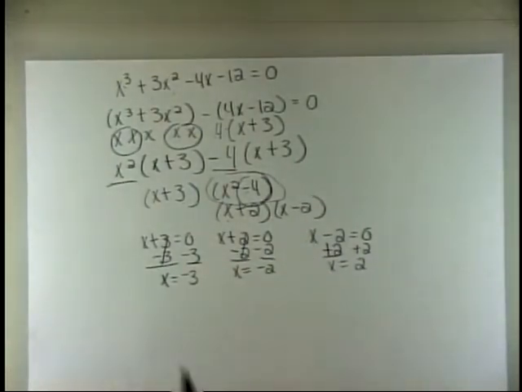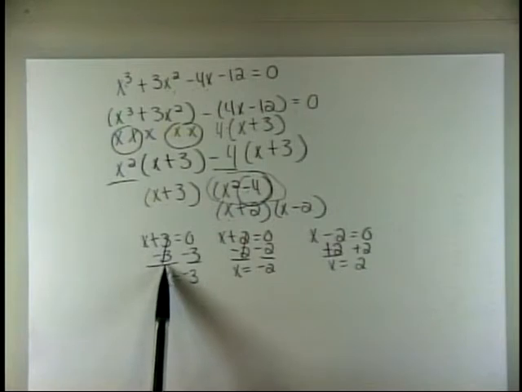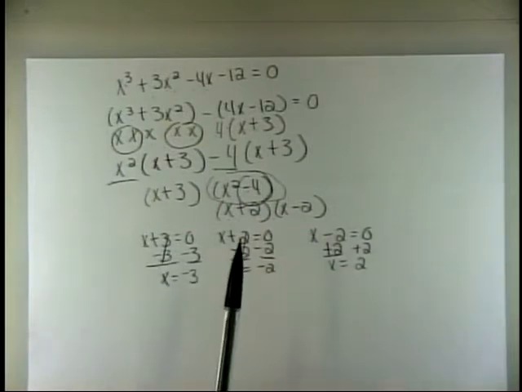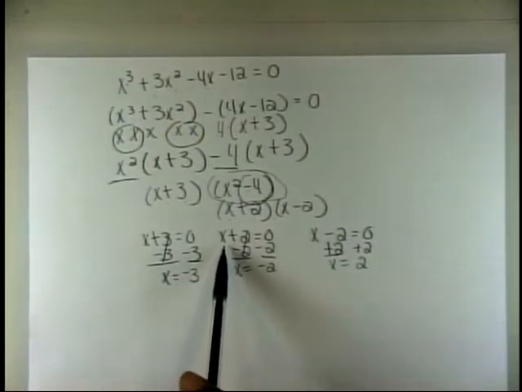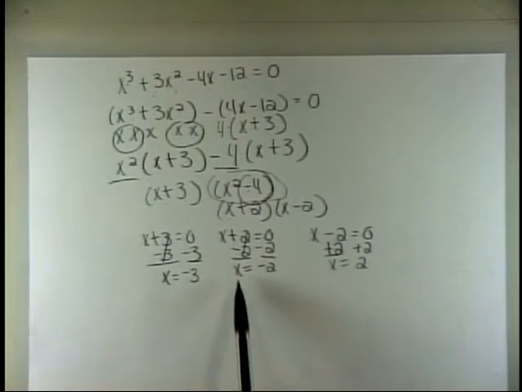So when we set all three of these equations equal to 0, we have x plus 3, and we have to subtract 3 from both sides, which will leave us with x equals negative 3. Next, x plus 2 equals 0. First, we subtract 2 from both sides, which leaves us x equals negative 2.